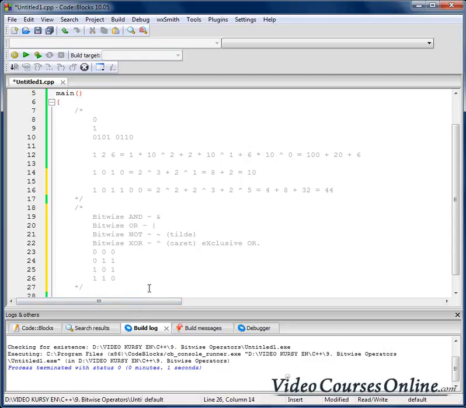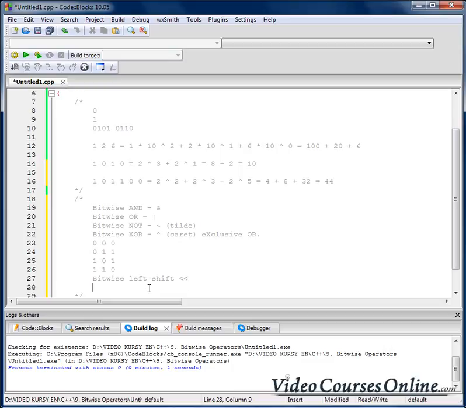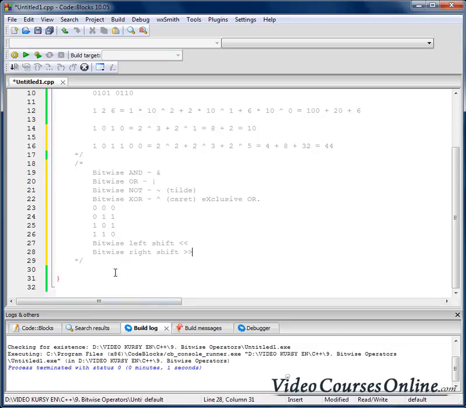Okay, we have got also something what is called bitwise left shift operator, which is two angled brackets pointing to the left. They are used, as the name suggests, to move bits to the left, but we'll explain it more clearly later. We have got also bitwise right shift operation, which is two angled brackets pointing to the right, as you can see, and they are also used, as the name suggests, to move bits to the right, and also we'll explain it more clearly later.